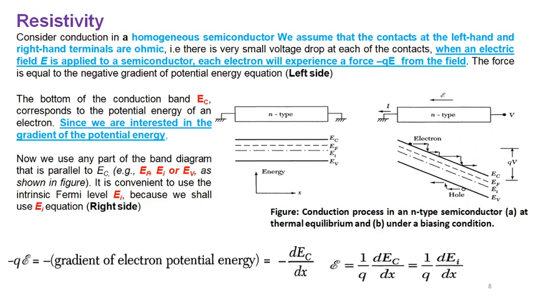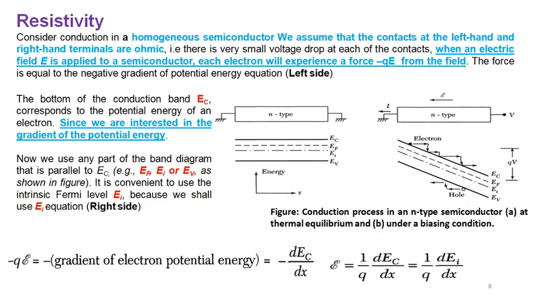If you see in the figure, that is an n type semiconductor material, without field and when we apply the field, here we have the conduction band energy EC, which corresponds to the potential energy of an electron, which is the rest energy.